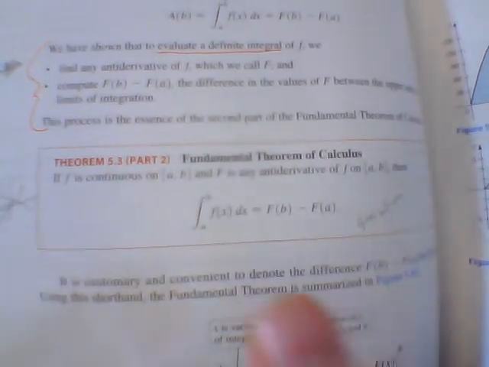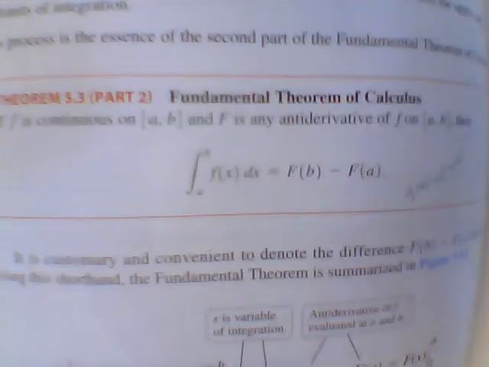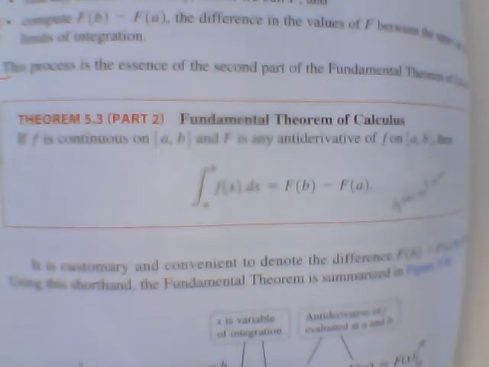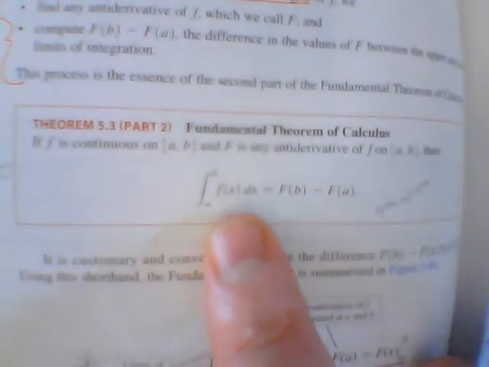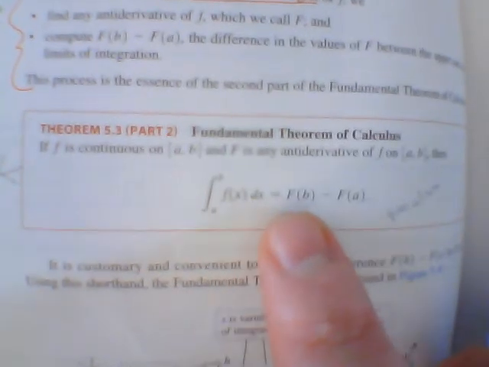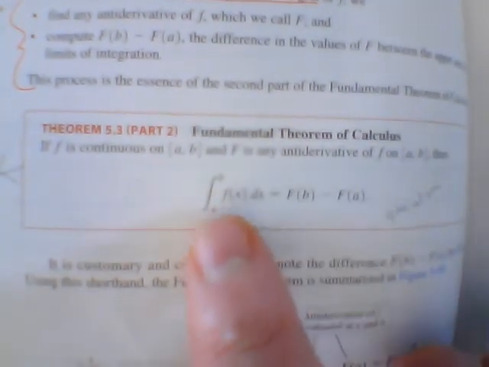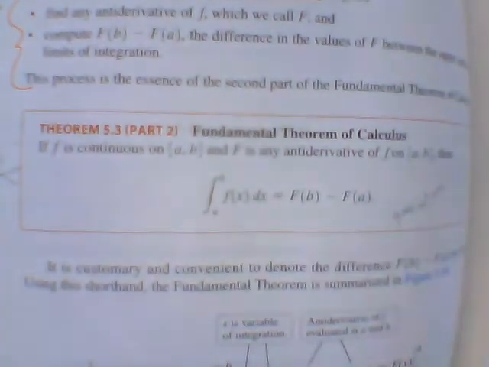If f is a continuous function on the interval from a to b, and capital F is any antiderivative of f on this interval, then the integral from a to b of f of x dx equals F of b minus F of a.